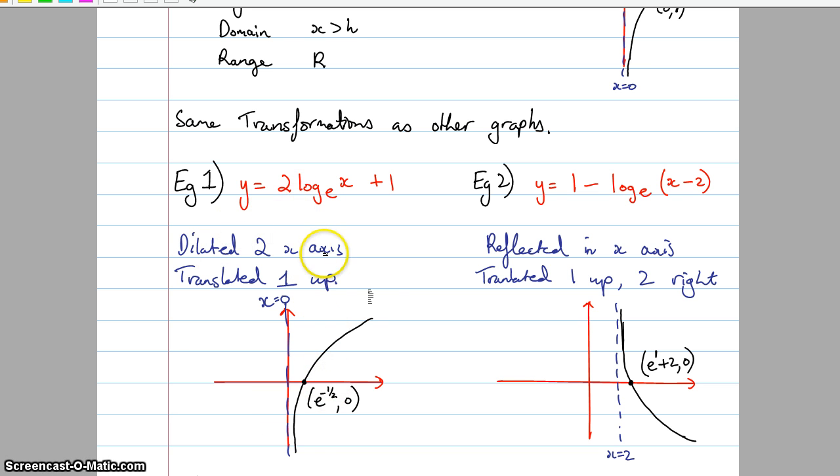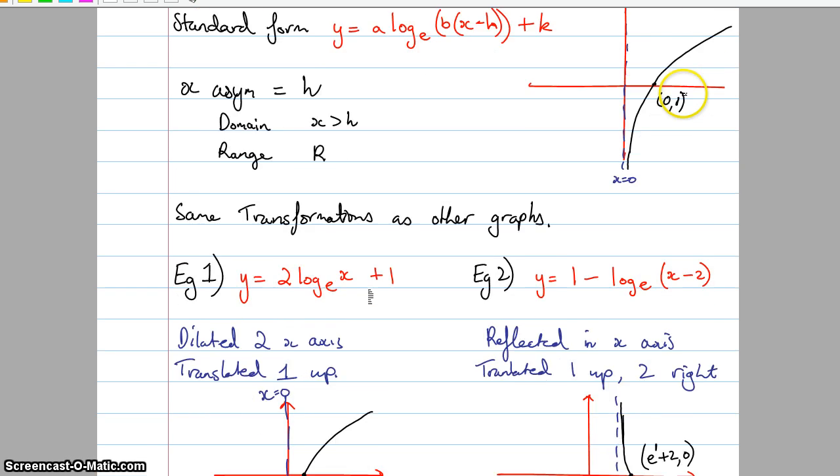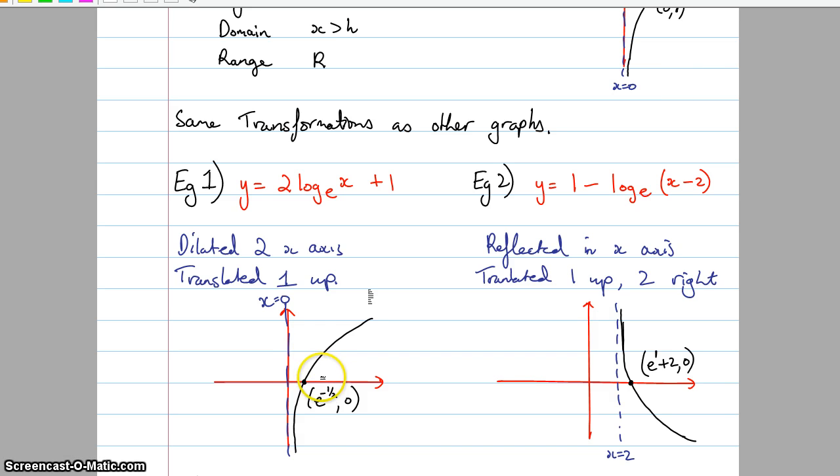For a dilation from the x-axis, we can't really tell the difference unless we see the other one on the same axis as well. And with a translation 1 unit up, it doesn't really look any different from our original graph over here. The only difference is that it has a different x-intercept this time. So we can put in the x-intercept, rearrange it to find the y-intercept.